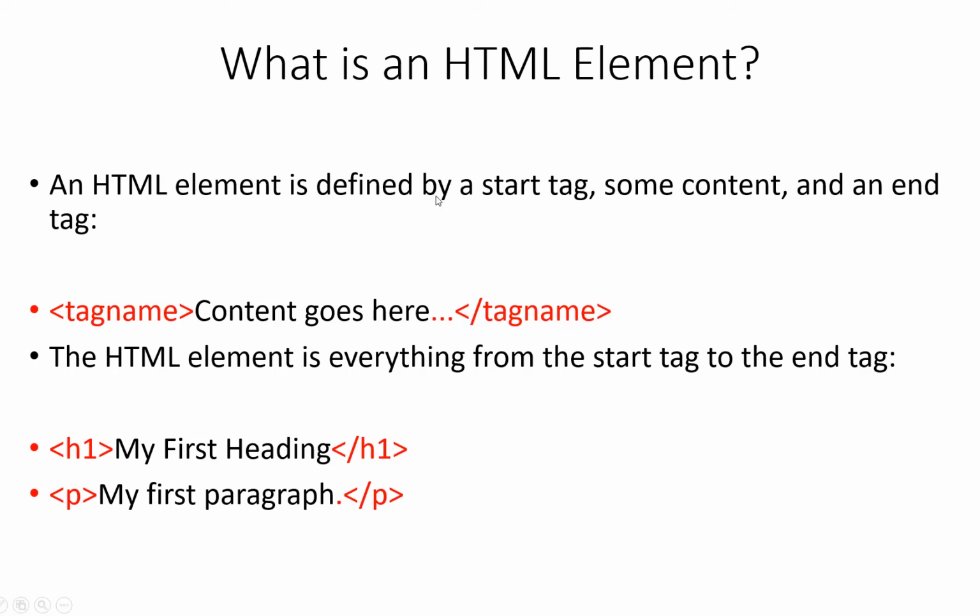Each element on the web page is essentially put in one of these, and among these tags, there are some that will have end tags and there are others that will not have them. We are going to see that in future videos. This HTML element is everything from the start tag to the end tag.